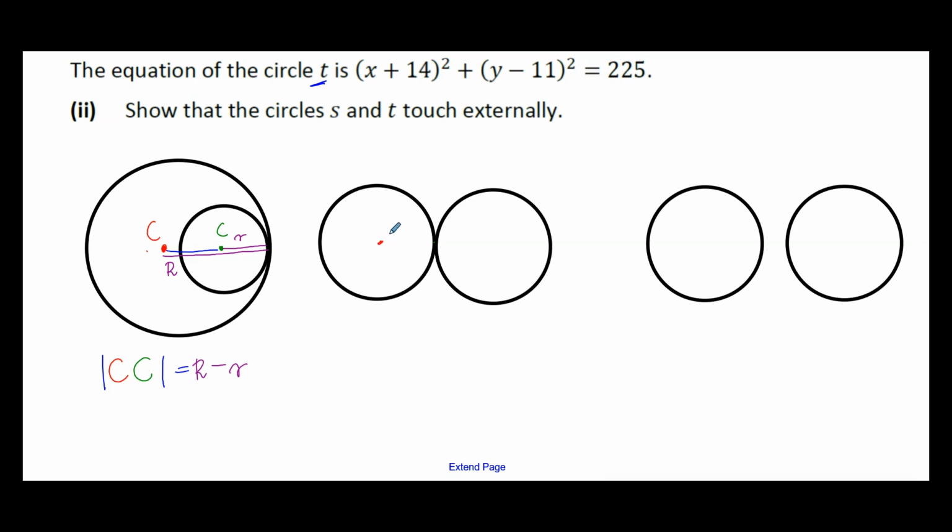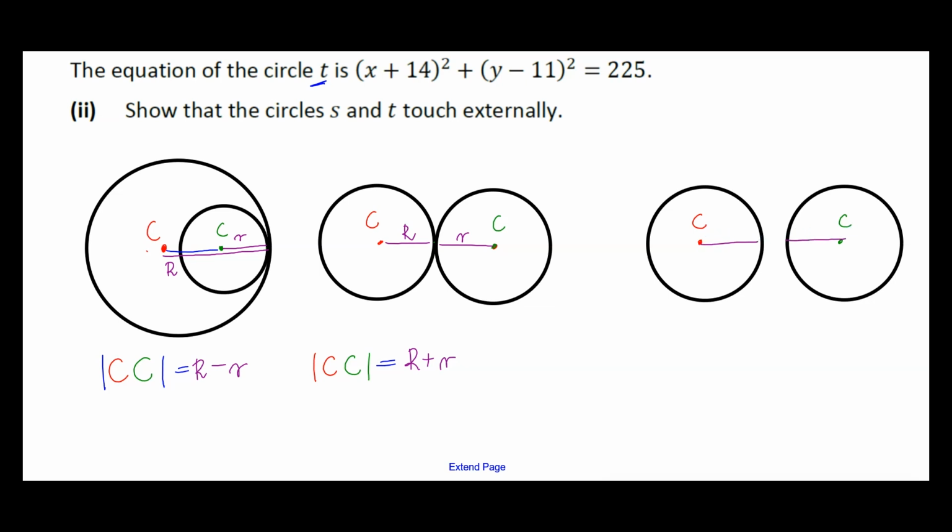And now our situation externally. So one is a center, and here I should use a different color, another center, and again we have a radius and a radius. So in this case, we are saying the length from one center to the other center will be the same as one radius added to the other radius. And then what about if they are not touching? So we have a center and we have another center, and then we have one radius and the other radius.